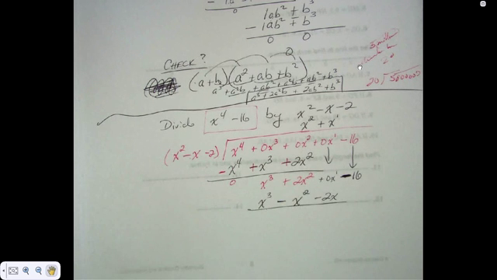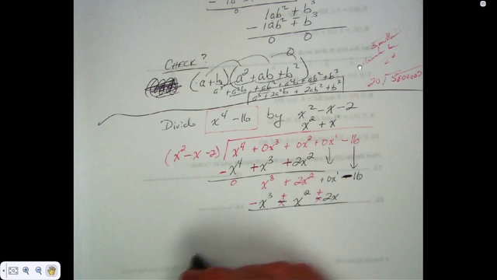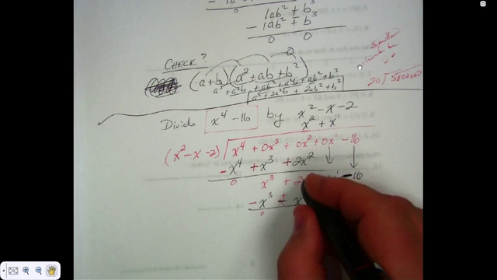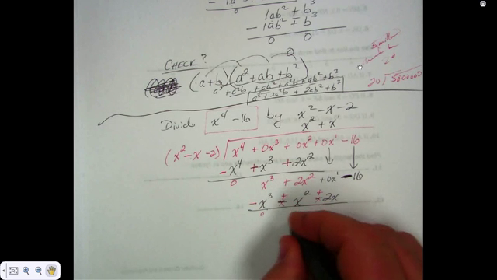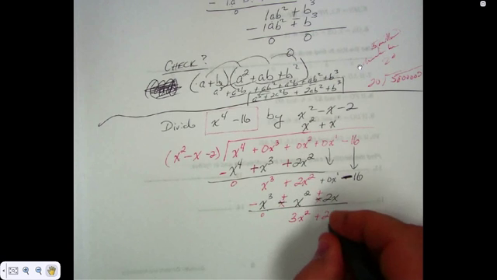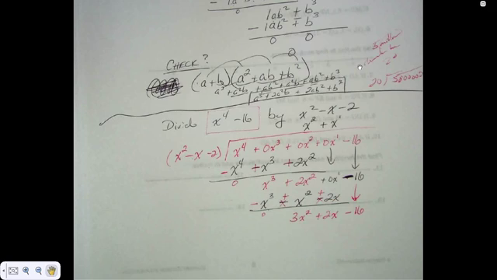You guys see that? Now, as I change the sign of everything, what happens? That goes to 0. This becomes a 3x squared plus 2x minus 16 to bring that down, correct? Questions?